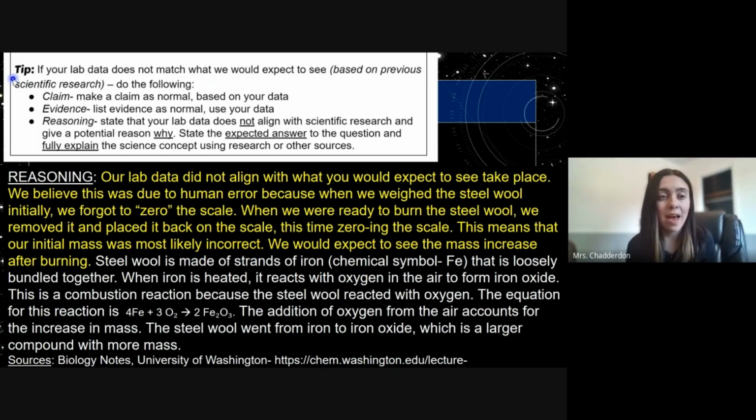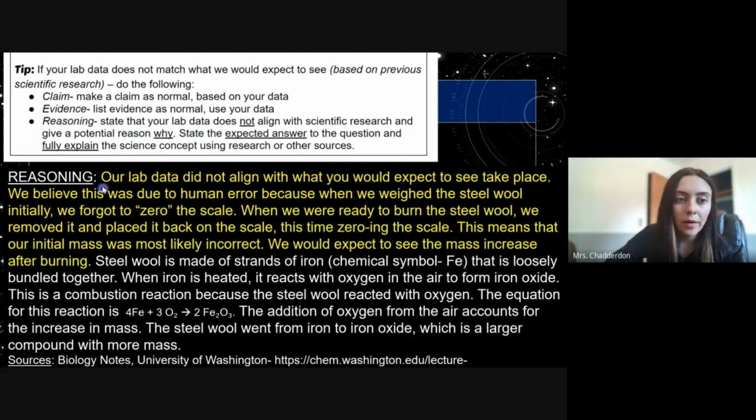I'm going to list my evidence as normal with my data, showing a mass that decreased. But then when I get to my reasoning, I'm going to state that my lab data does not align with scientific research. And I'm going to give a potential reason why, what I might have done wrong. Then we'll state the expected answer just like I did before.